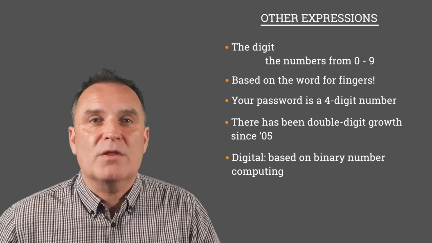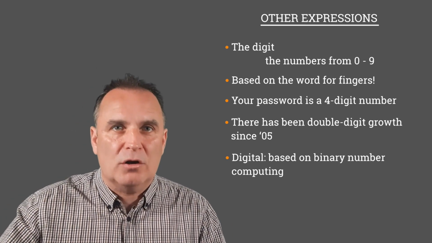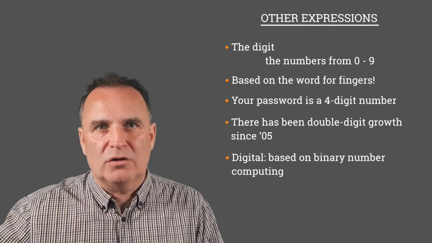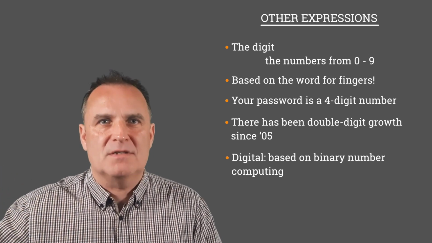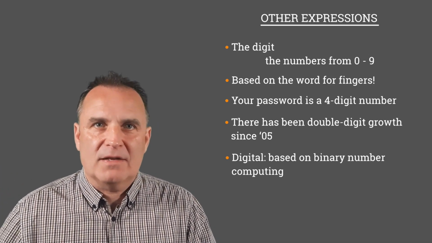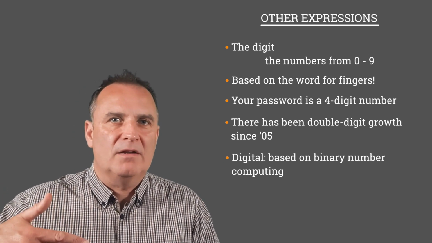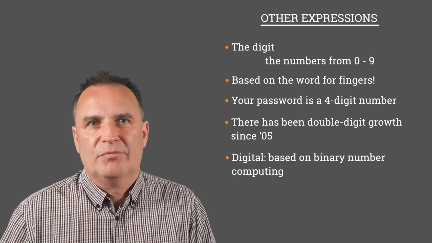And of course, this is where the word digital comes from, as opposed to analog, to describe electrical ways of counting and showing numbers and doing things, such as using computers. Because in computing, we use the 2 digits of 0 and 1.